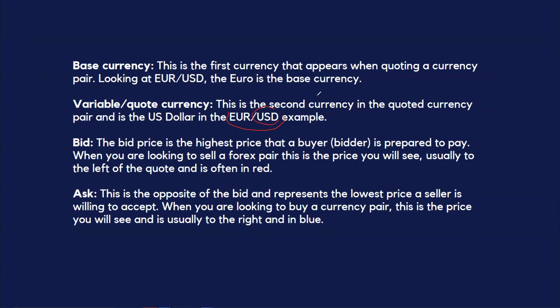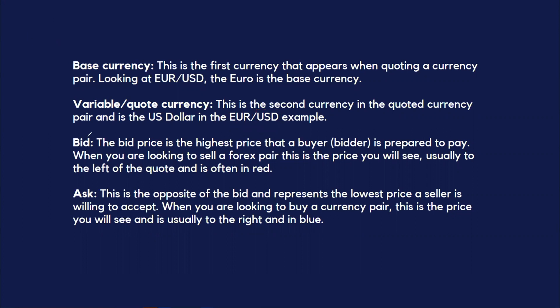I'll repeat again: the variable or quote currency is the second in the currency pair. So for example, in EUR/USD, the variable or quote currency is USD. Meaning, on MetaTrader 4 or MT4, any currency that appears first is called the base currency in simple terms, and the second is a quote currency.